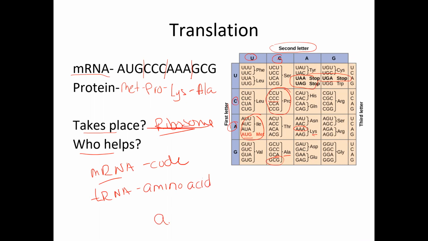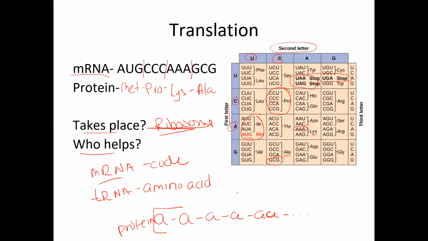Okay, and all the amino acids together, got my little A for amino acid, they make up my finished protein. The protein is a chain of amino acids. And then that protein can go off and do the job that it's created to do and help out the cell in whatever its job is.